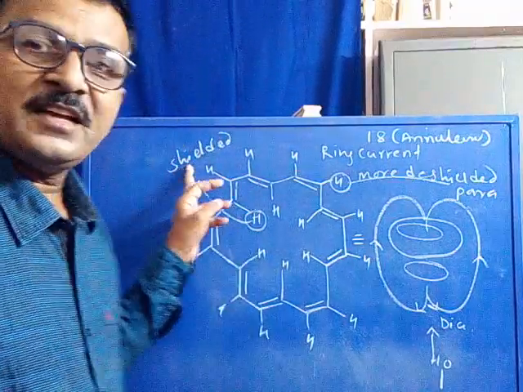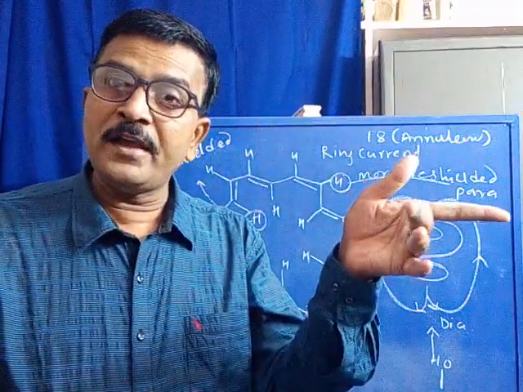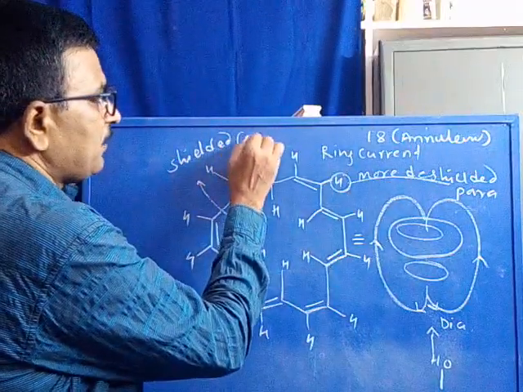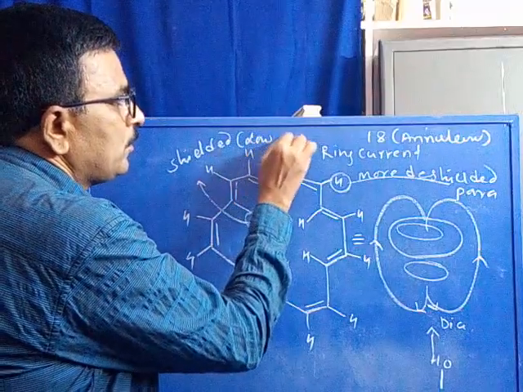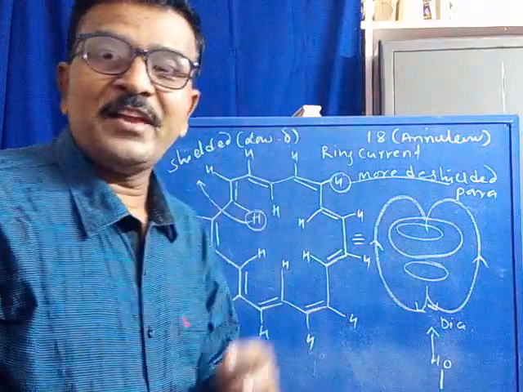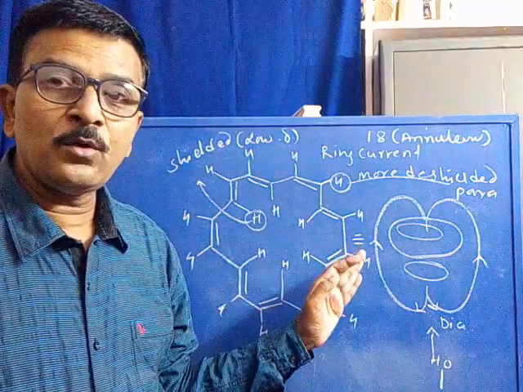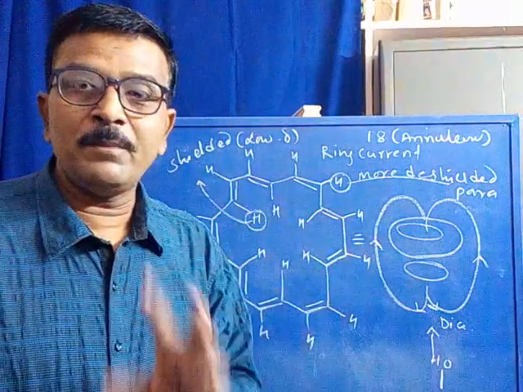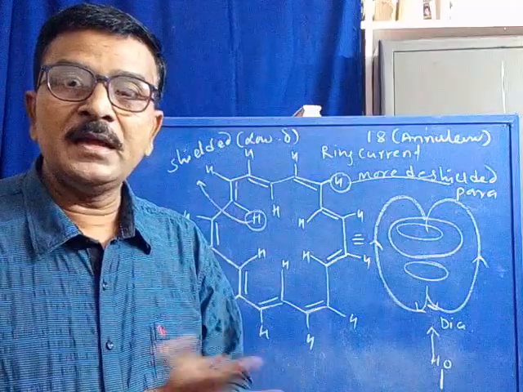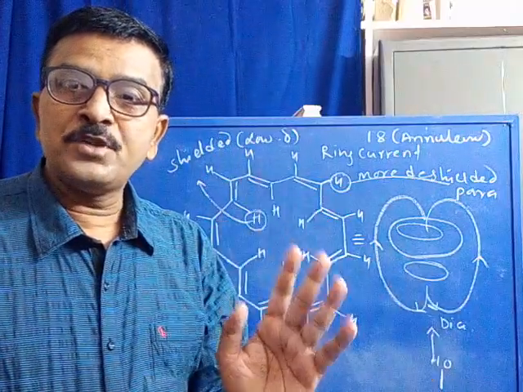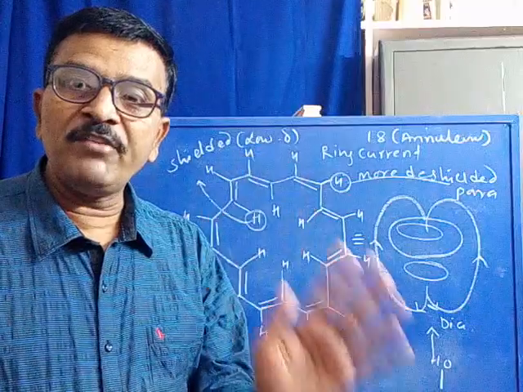Therefore, their signals appear at upfield, that means at lower delta value. Low delta means higher frequency absorption. So the 12 outside hydrogens are situated under the paramagnetic ring current, therefore more deshielded and absorb energy at lower frequency.